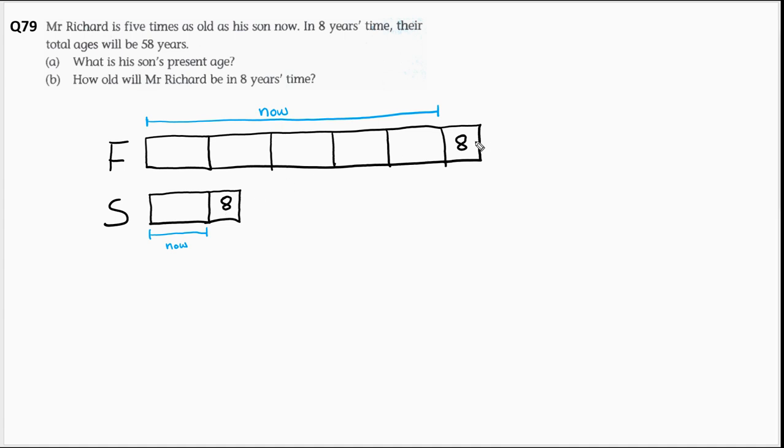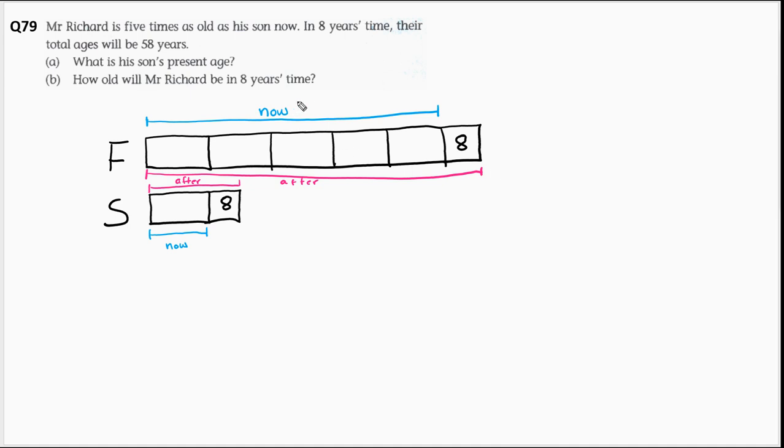They both have this additional 8 years, and it doesn't matter that the father is 5 times the age of the son and all the rest of it. Everybody ages 1 year every year. So we're adding 8 here and 8 here. So this is going to be after, and this is going to be after.